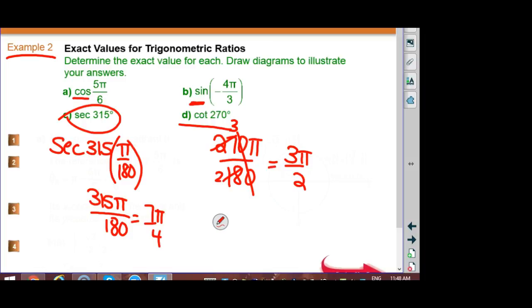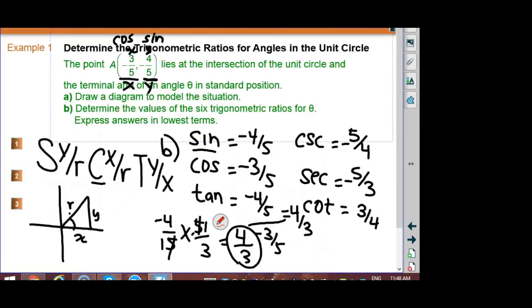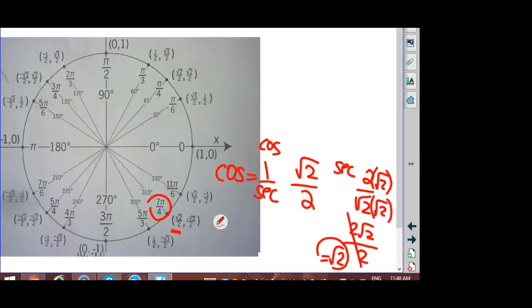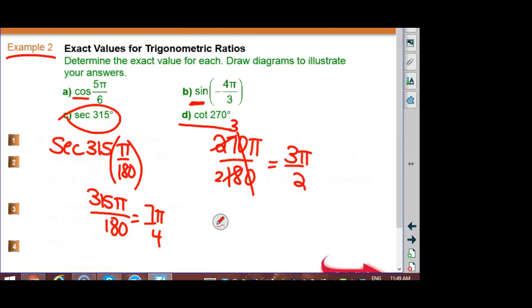So cruise back to our unit circle. 3 pi over 2, 270 degrees, is right there. Mine's a little messy, but is that the point 0 and minus 1? These are our x and y. But we're talking cotangent.